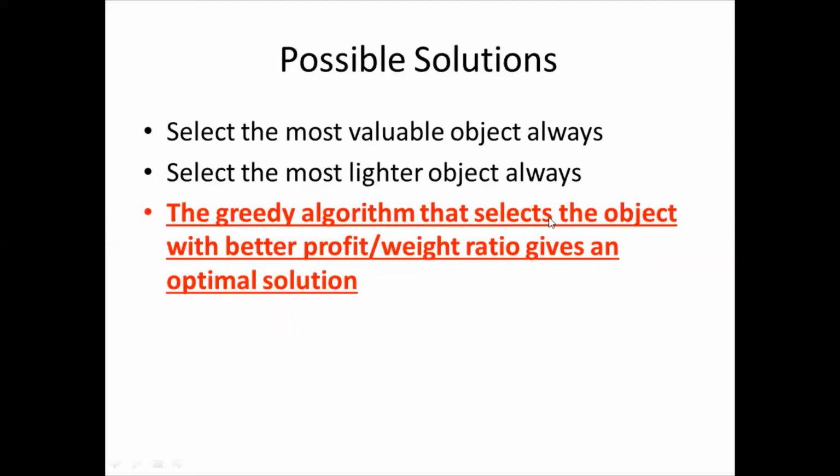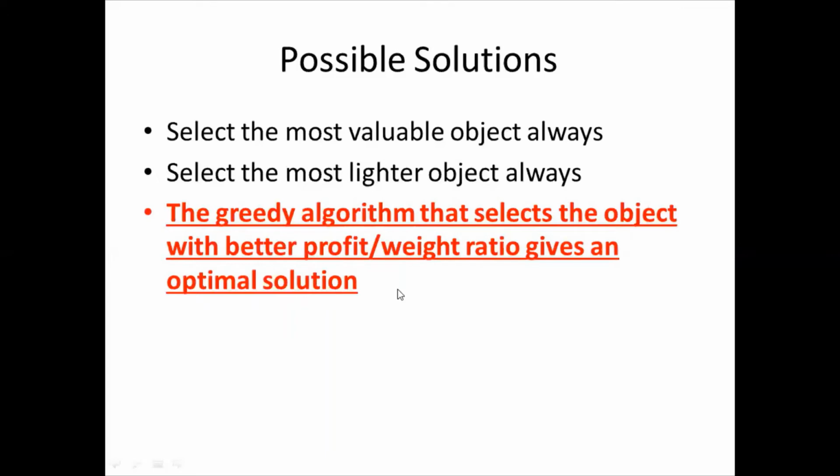Now we find that both strategy 1 and strategy 2 do not always result in optimal solutions. Hence, the best method to generate an optimal solution for the fractional knapsack based on greedy design is to select objects which have the highest profit by weight ratio.